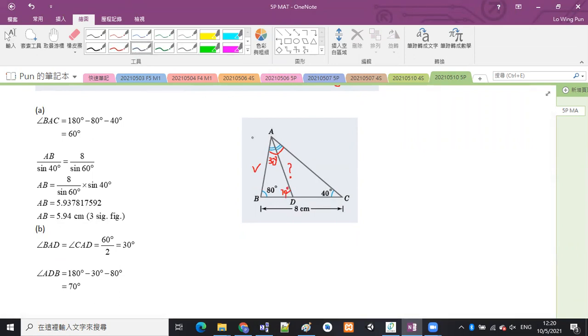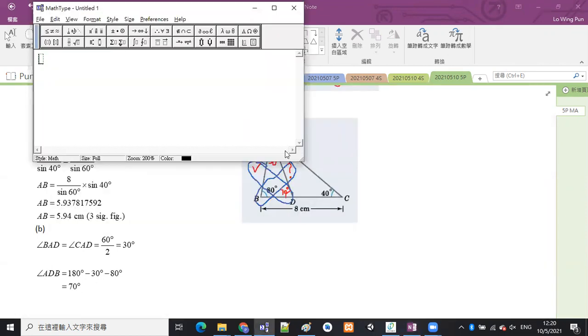Now we have one pair of known corresponding length and angle. If I want to find the length of AD, I just involve this with the 80 degrees in the sine formula, right? So AD over sine 80 degrees is equal to AB over sine 70 degrees, where AB is the answer of part A. I'm going to use memory A in my calculator. So AD is equal to AB over sine 70 degrees times sine 80 degrees.